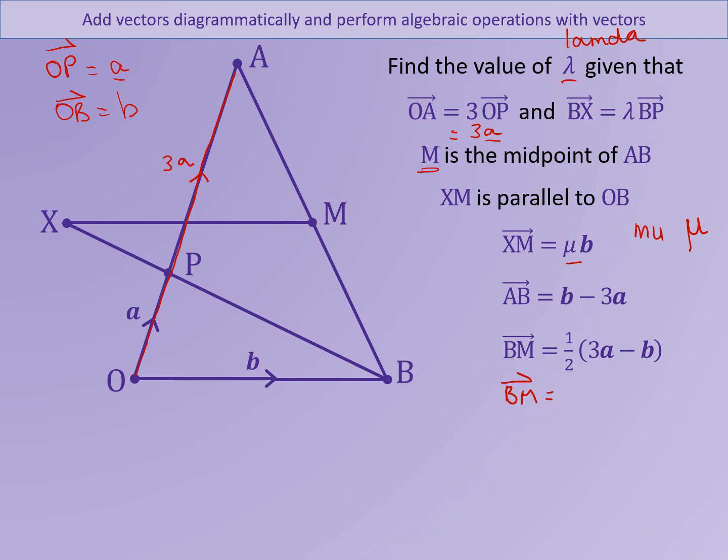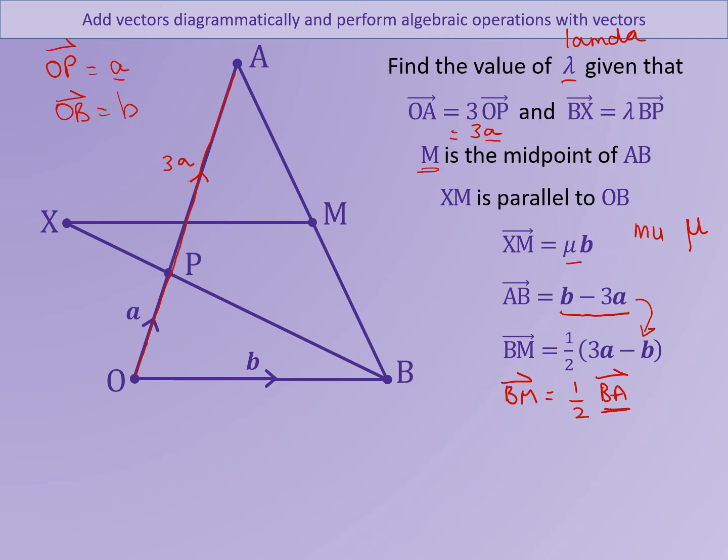So it is half of the vector BA. And so you need to be careful with your negatives as you go through this. So if AB is B minus 3A, then BA is the negative of that, so multiply everything by minus 1. So you can see that the letters have switched position and switched sign there, and that's why.